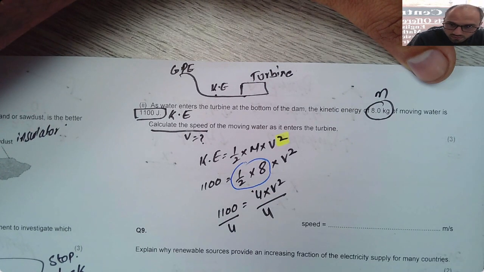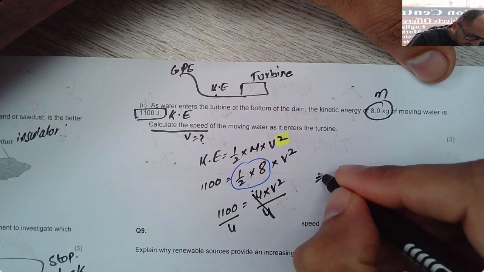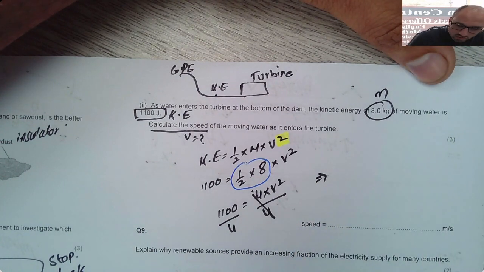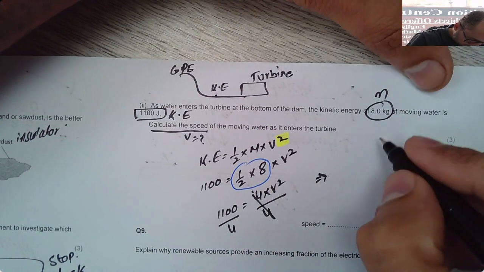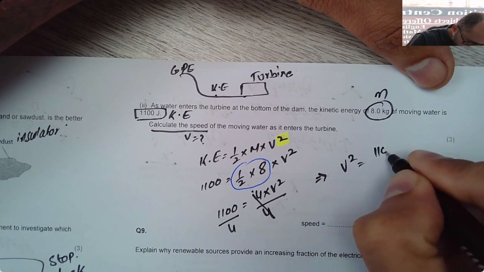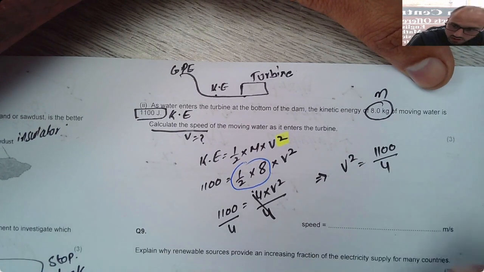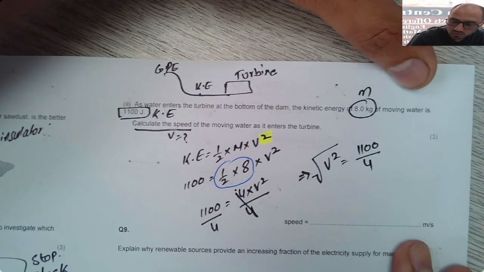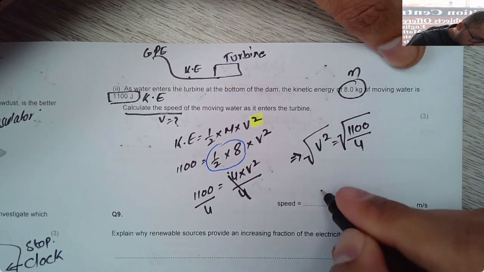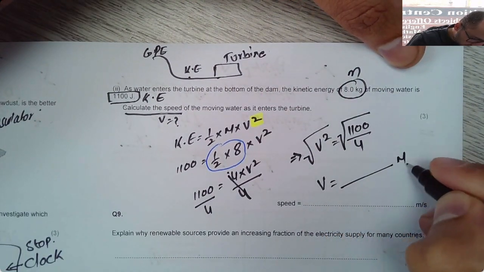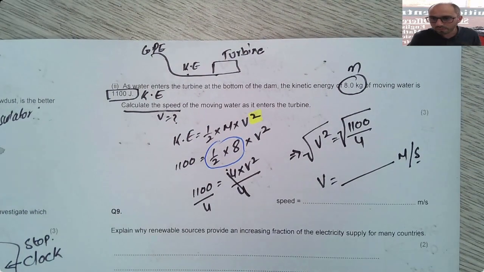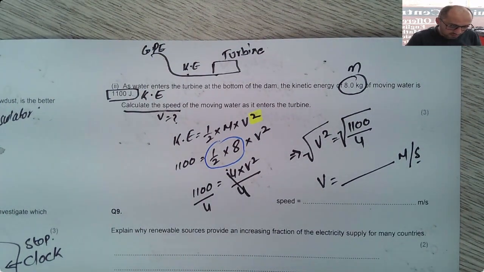To remove 4 from the right side, I'll divide both sides by 4. This will cancel out, leaving me with 1100 over 4. v squared equals 1100 over 4. Now to get it off this square, I'll have to take square root on both sides. And if you do that, you'll end up with a value which will be meters per second. Very important question from your exam point of view.